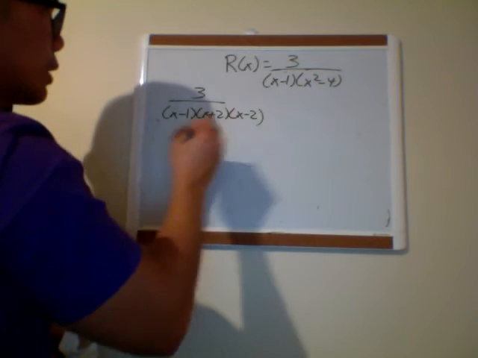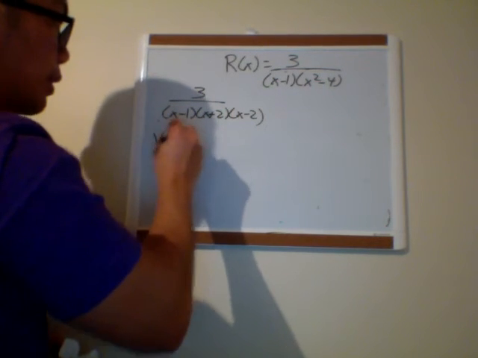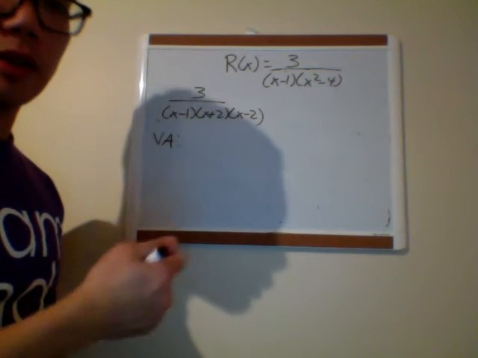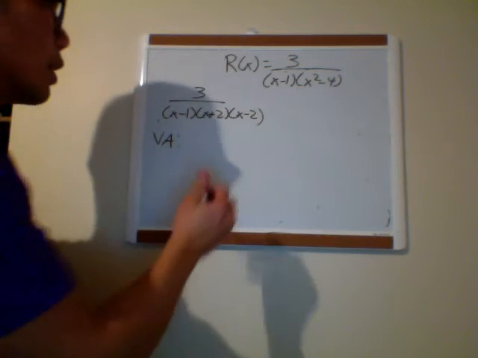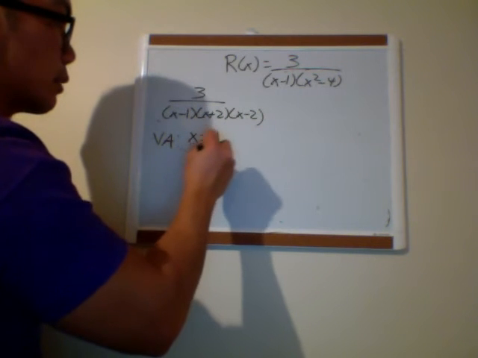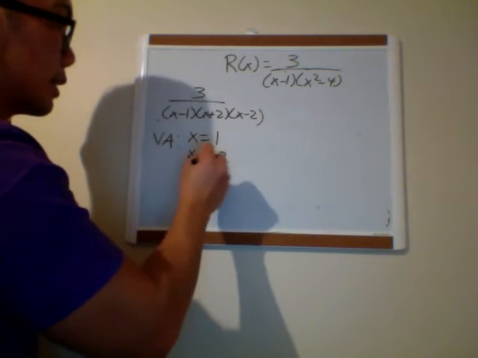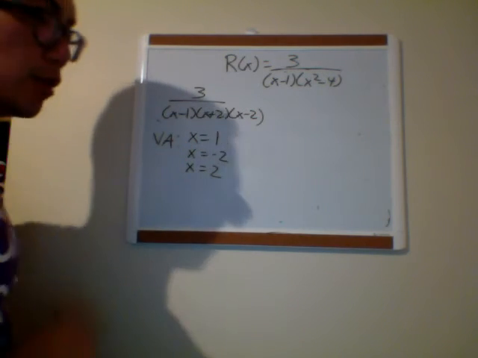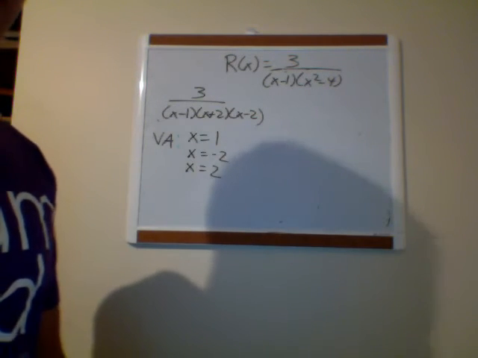My vertical asymptotes, and I'll make it VA for vertical asymptote. Vertical asymptotes are the zeros of the denominator. So my vertical asymptotes are x is equal to 1, x is equal to negative 2, and x is equal to 2. Make sure you put x is equal to, since they're equations of lines.